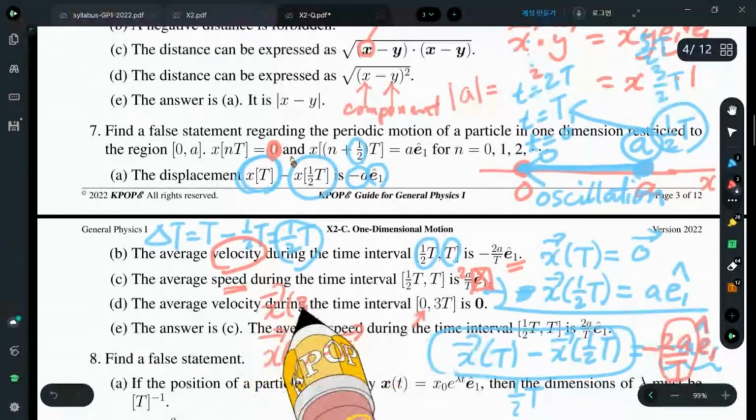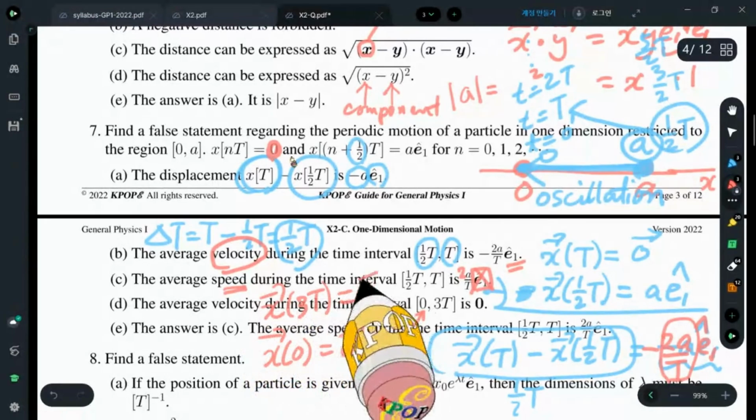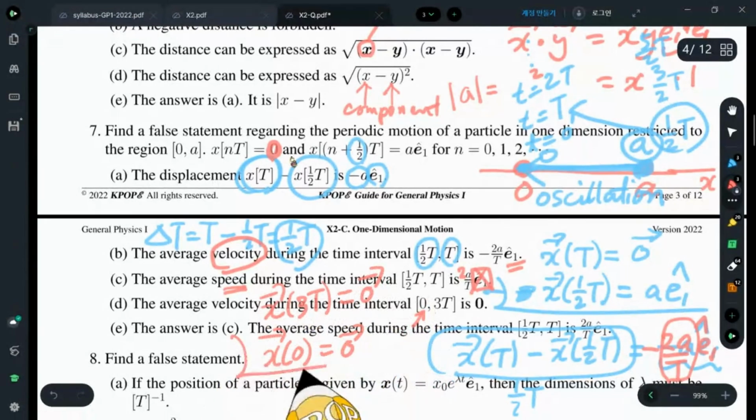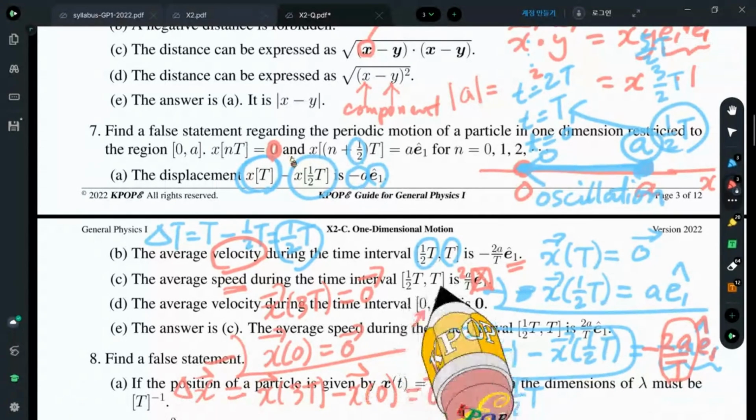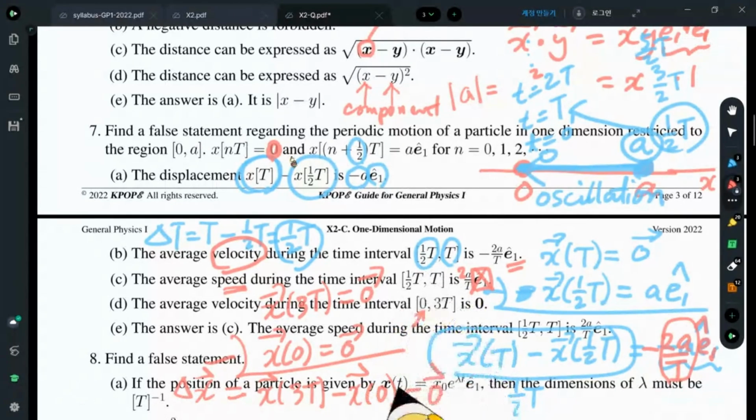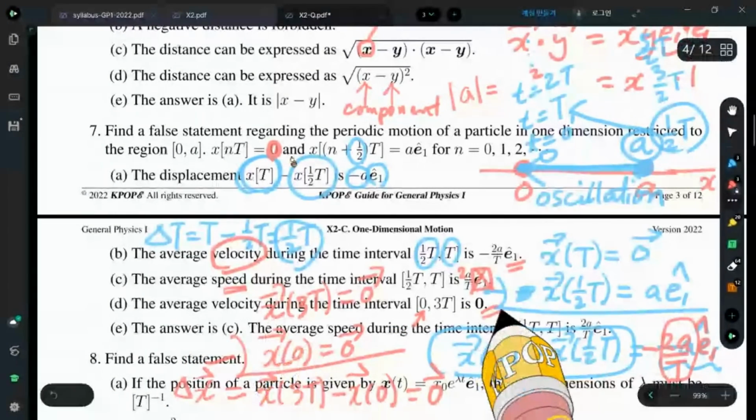X at 3t is also a 0 vector. Subtract: delta x equals x 3t minus x 0, the 0 vector. And then whatever time is required, because the delta x is exactly 0, average velocity is exactly 0. That's right.